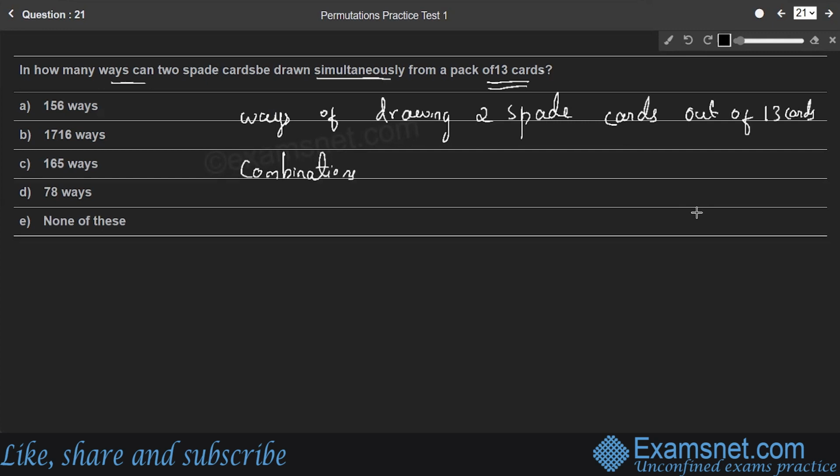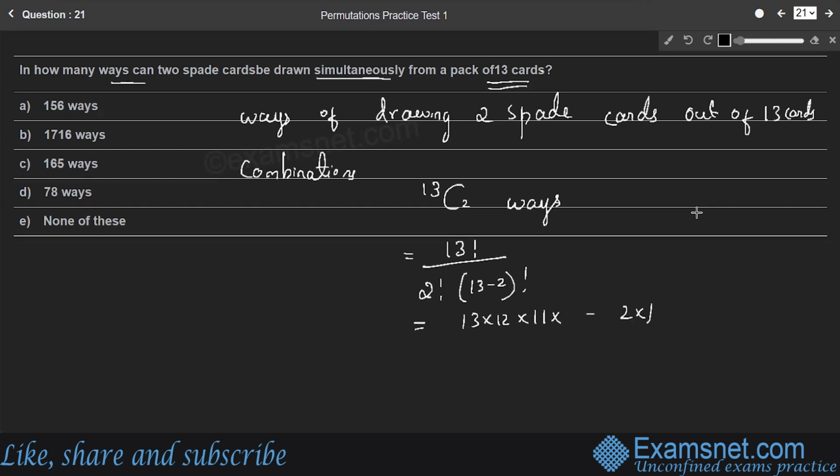So the ways of drawing 2 spade cards out of 13 cards is equal to 13C2. In 13C2 ways, we can draw 2 spade cards, which is equal to 13 factorial divided by 2 factorial into 13 minus 2, that is 11 factorial. So here 13 into 12 into 11, and so on up to 2 into 1, divided by 2 into 1 into 11 into 10 into 9, and so on up to 2 into 1.